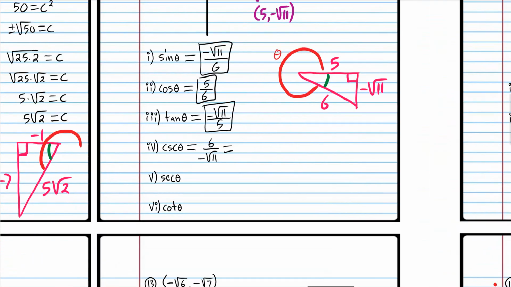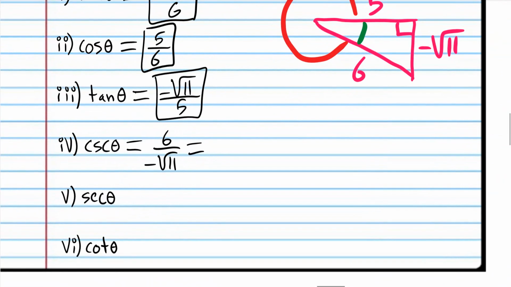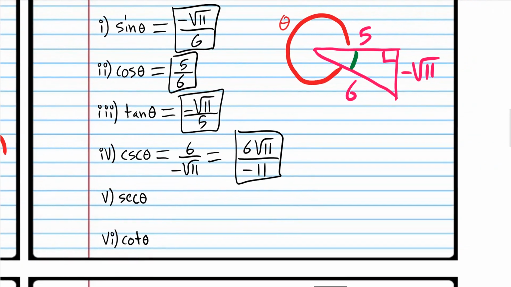But of course we have to rationalize the denominator, so we're going to multiply both sides of the fraction by root 11. Secant theta is the hypotenuse divided by the side adjacent the green reference angle. And cotangent theta is the side adjacent the green reference angle divided by the side opposite the green reference angle. Multiply both sides by root 11, and there you go.